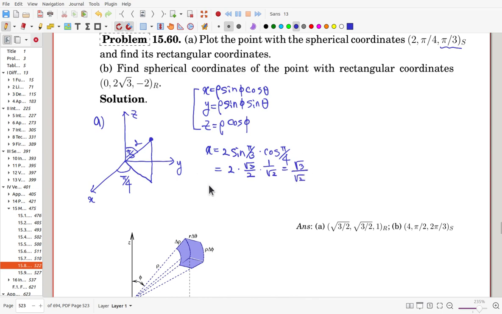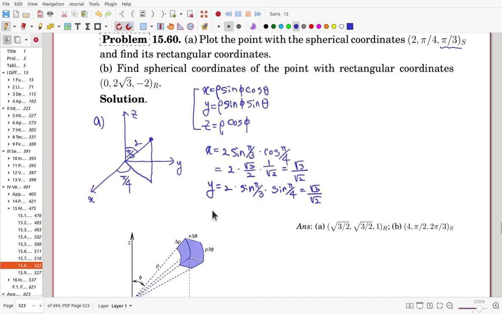In fact, that one is the same as square root of 3 over square root of 2. Now y is, and the same here, 2 times sine pi over 3, and then sine pi over 4. But the quantity is the same, so again this whole thing is square root of 3 over square root of 2.